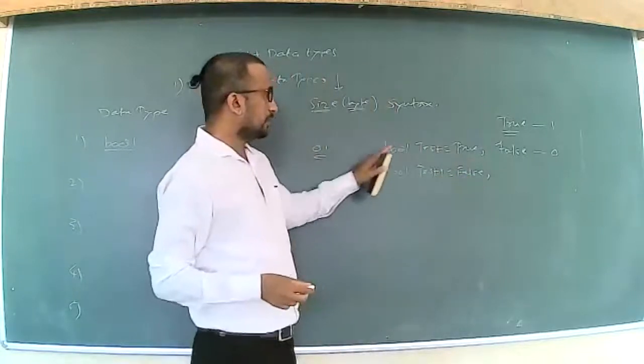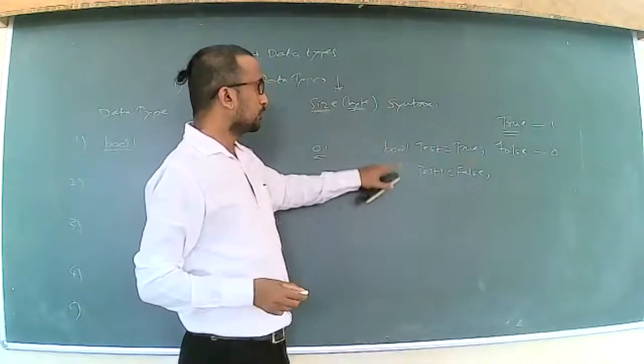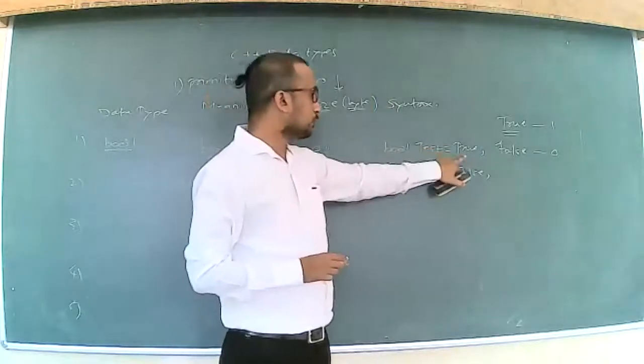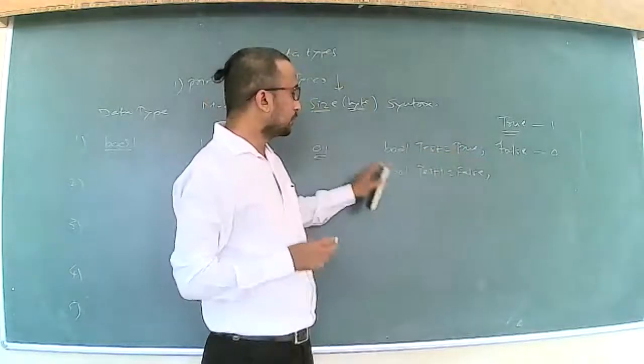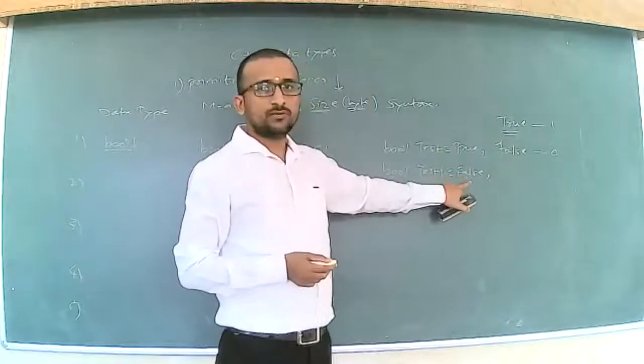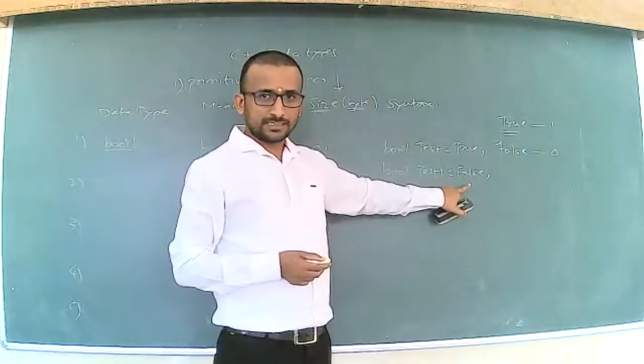Now, whenever you print the value of this test variable in your program, it will return true, and if you print the value of your test1 variable, it will return false.